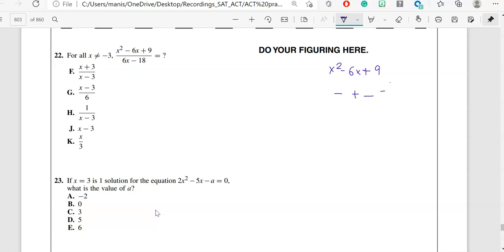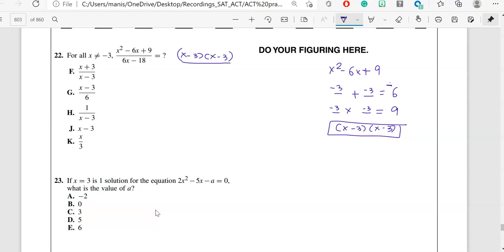I am looking for two numbers which on adding give me negative 6, and on multiplying give me 9. So I came out with negative 3 and negative 3. If I write it in the factored form, it will be x minus 3, x minus 3. This is the factored form of x square minus 6x plus 9.